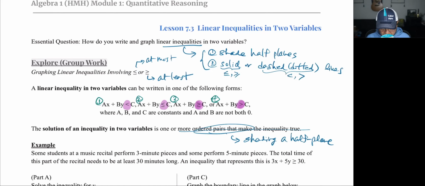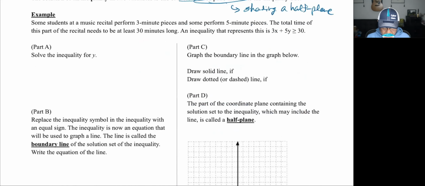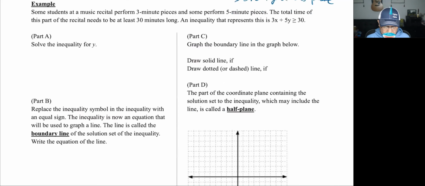Let's do an example, shall we? In this particular example, some students at a music recital perform 3-minute pieces, and some perform 5-minute pieces. It's almost like having a quarter and a dime, right? Each coin is worth either 25 cents or 10 cents.